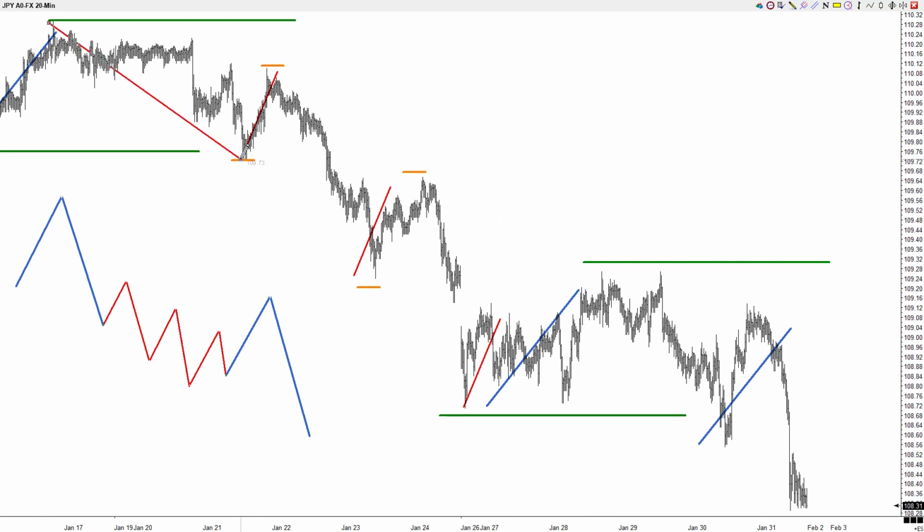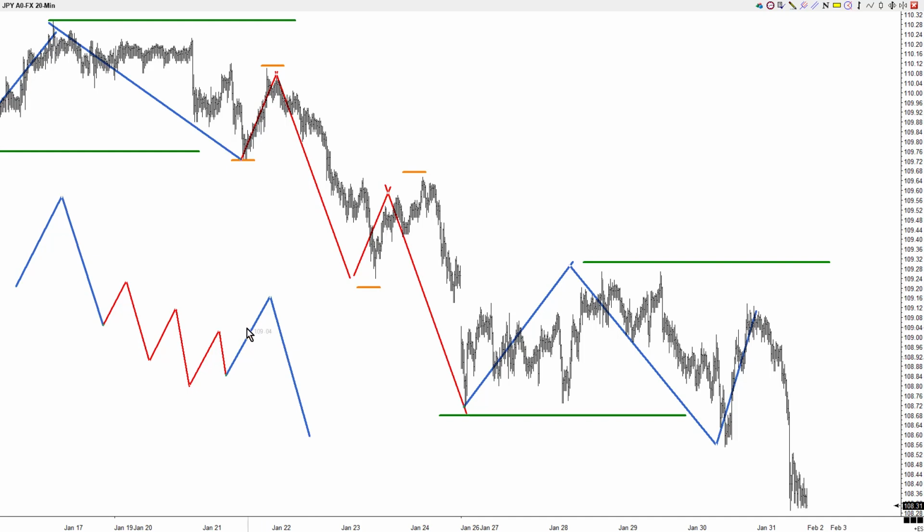Say, all right, we have these red swings coming down. And then it basically just turns into a blue swing. It makes a new low and comes back up. Okay? That's all that happens here.